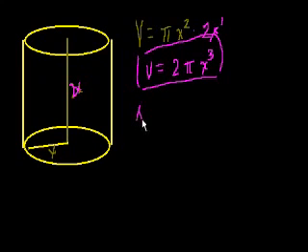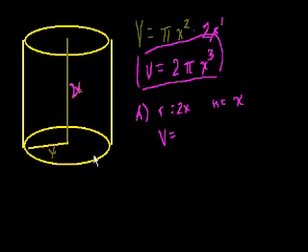So choice A says a cylinder with radius 2x and height x. So radius is equal to 2x and the height is equal to x. So what would this be? The volume would be pi times this squared times this, right? Because we take the area of the base.